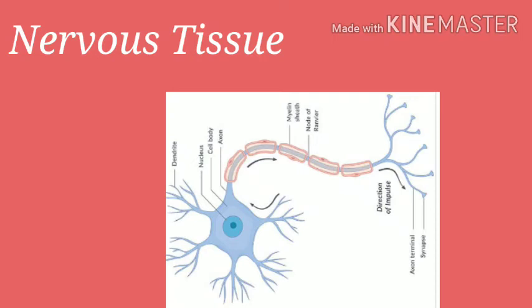So all the physiological functions which occur in our body are controlled by the nervous tissue. It enables us to respond, identifying the changes inside and outside the body. So it helps our body to respond according to the changes occurring inside and outside the body.